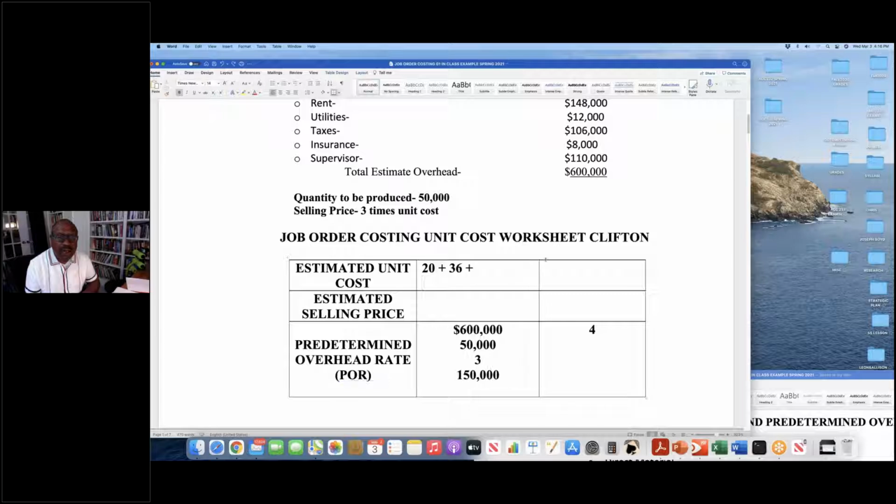Okay, so what we would do here, we got the material, we got the labor, so we want the unit overhead cost. We would take the POR, which is what?